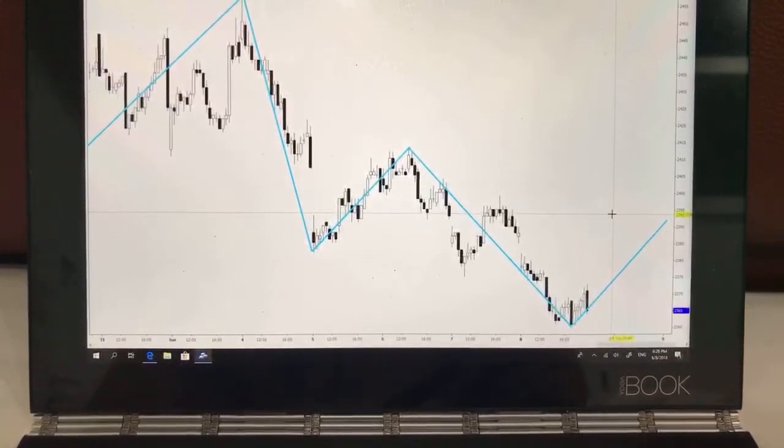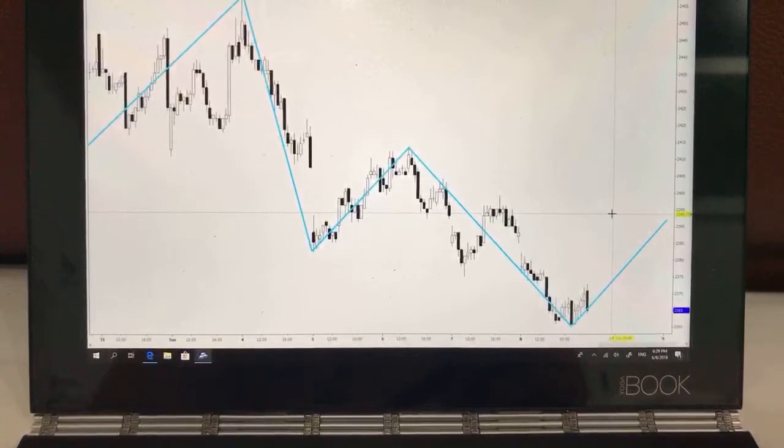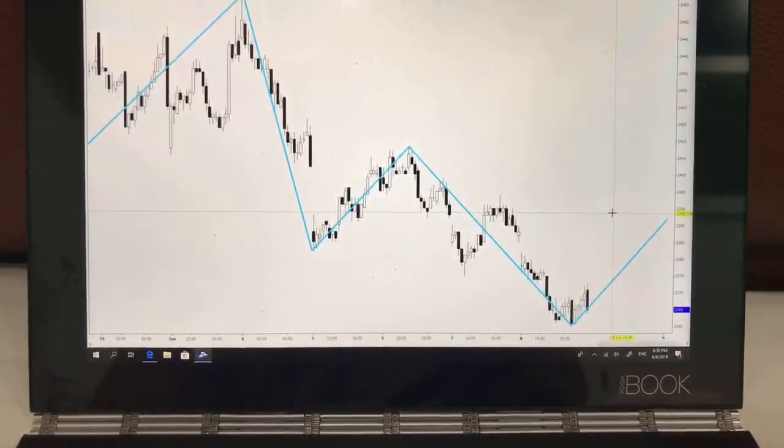If you don't have the knowledge to buy, guarantee you will stop loss: buy and stop loss, buy and stop loss. If you sell when the market is falling, after you sell the market will gap up, sell again, gap up. To play safe in the futures market, you must follow the rule.